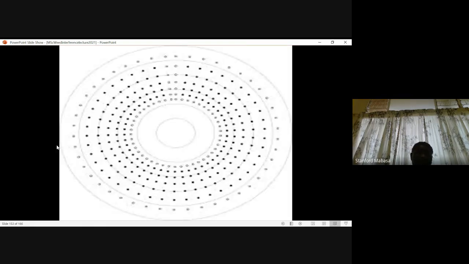So this is an example of a plot. In the outer areas, the trees are spaced at a larger distance. As we go inside, the distance becomes smaller. So we expect more competition as we approach the center of a plot.